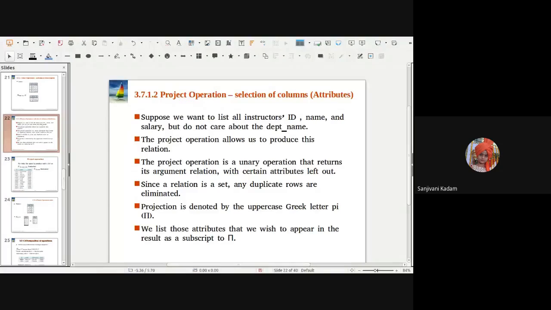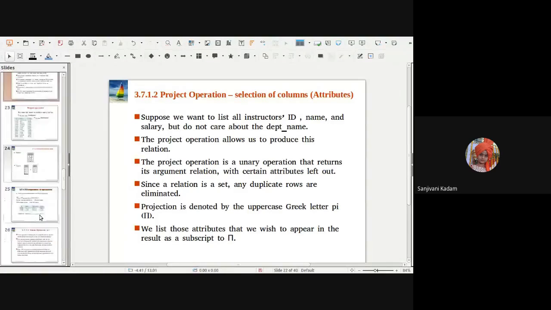Read. Now let us go for the union operation, or union operator.